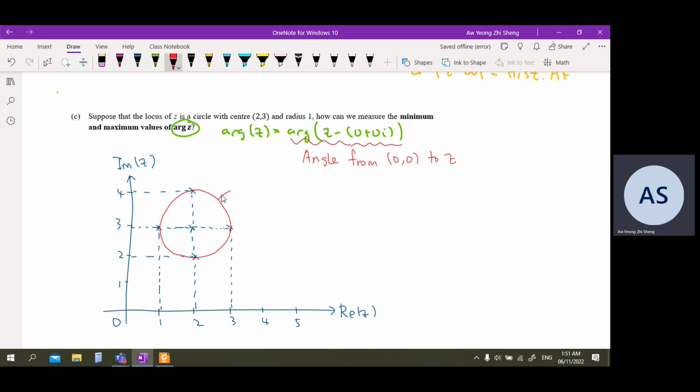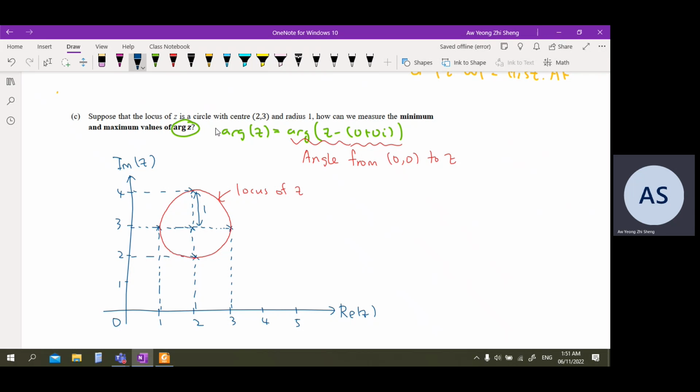So this is the locus of z, and you have a radius of 1 unit. Yeah, so it's a circle with center 2, 3, and radius 1. And how can we measure the minimum and maximum values of argument z?